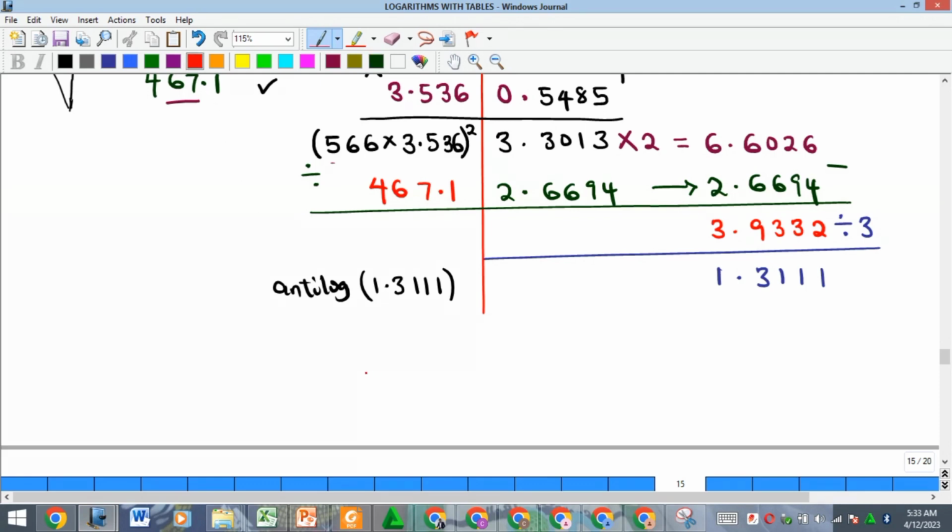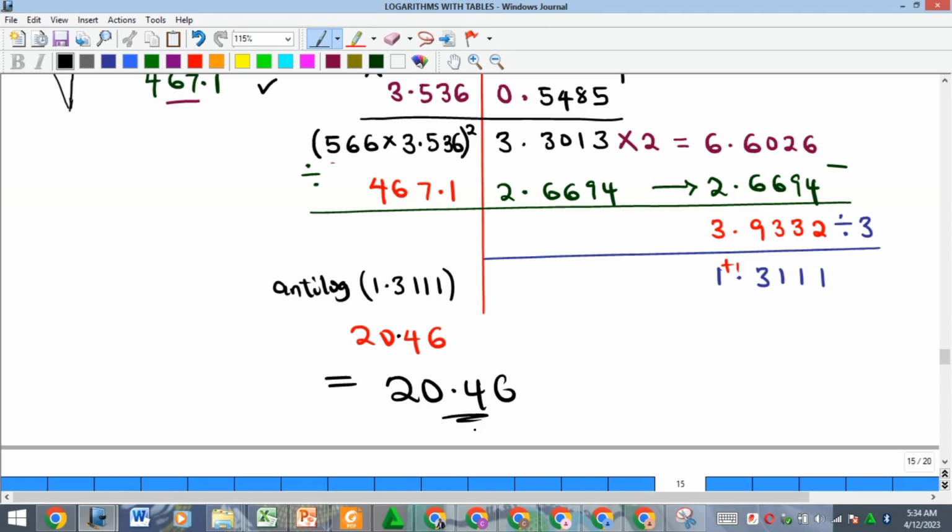From our log table, the antilog of 311 under 1 difference 1 is 2046. And from the characteristic, this is plus 1, so we move two decimal places, or two positions.